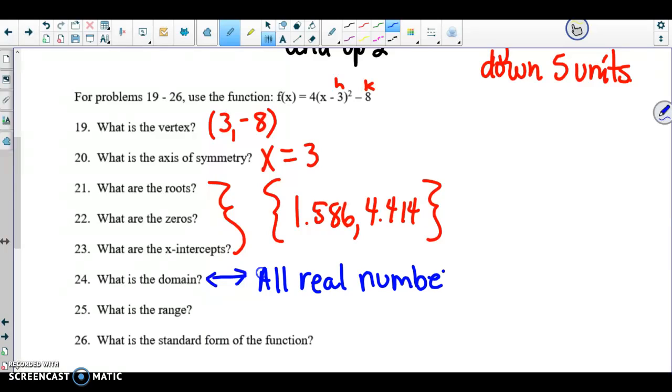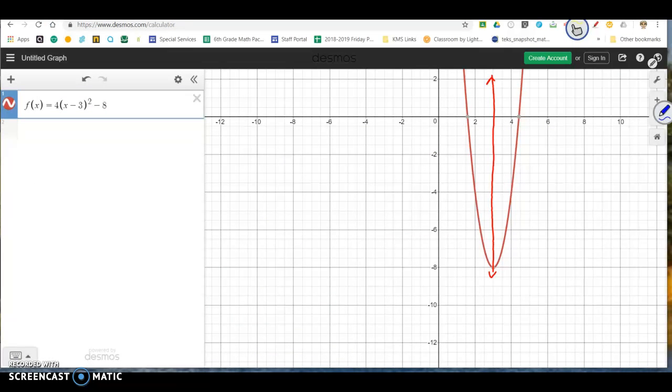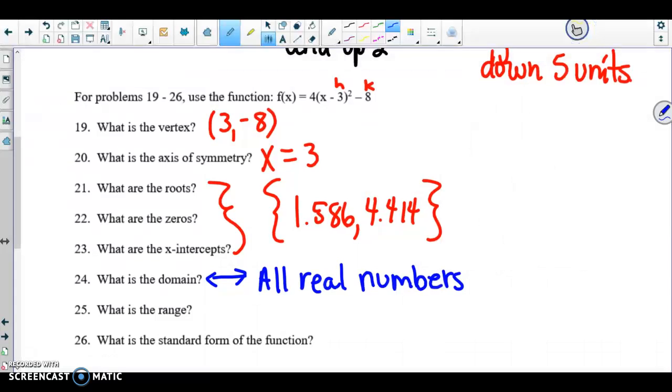Now my range, it doesn't grow in both directions. It stops. In fact, right here, it cuts off right there, but it keeps going forever in that direction. So y is greater than or equal to, because of this point right here, that negative 8. So that's going to be my range: y is greater than or equal to negative 8, that goes up from there.